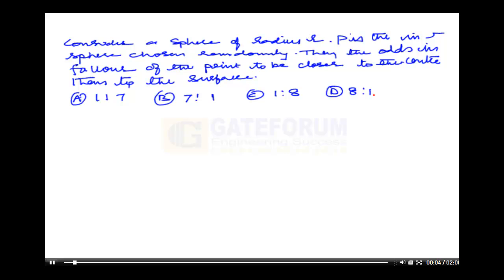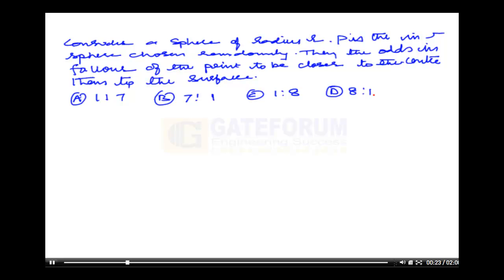Here is a sphere of radius r. A point is said to be closer to the center if it is within or less than r by 2. That means if it is r by 2 or less than that. If it is above, it is closer to the surface.